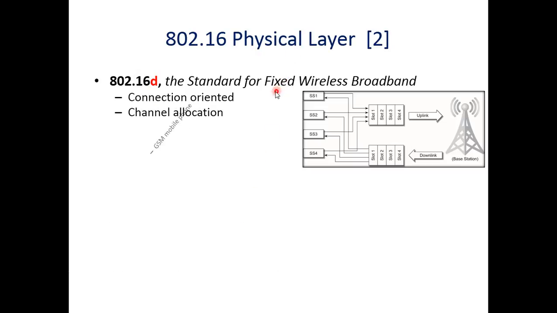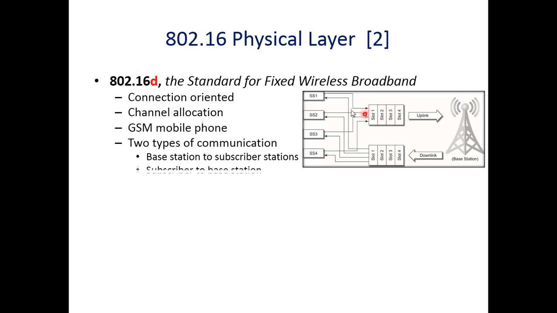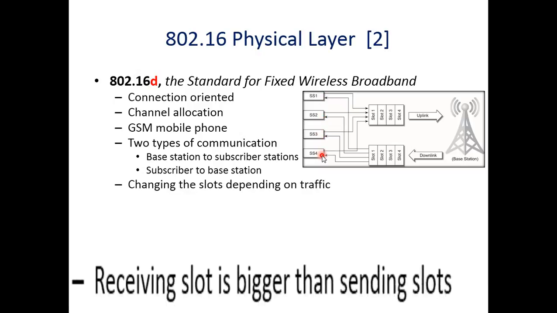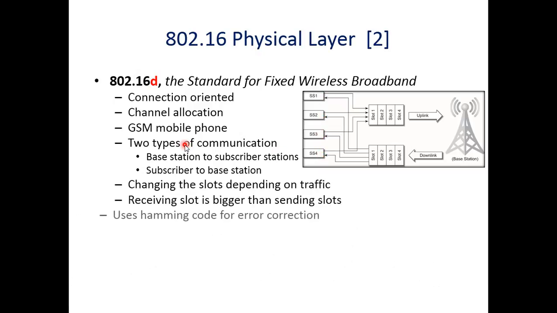Make sure of this one. Now it is a connection-oriented approach. It allocates channels, so there are channels, and channels will be allocated to subscriber 1, subscriber 2, 3, and n subscribers for data communication. Probably GSM mobile supports this, and there are two types of communication: from the base station to the subscriber, and the subscriber can also communicate with the base station, changing the slot depending on the traffic.